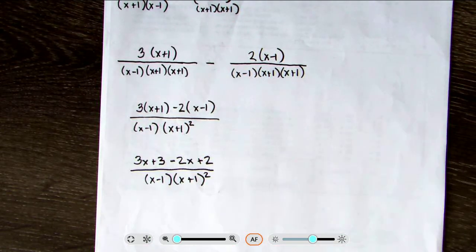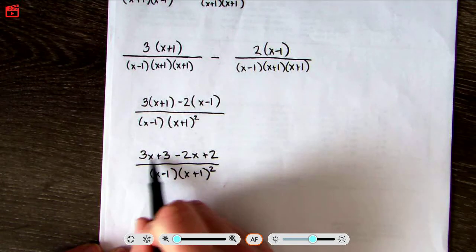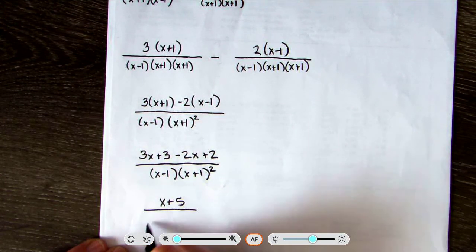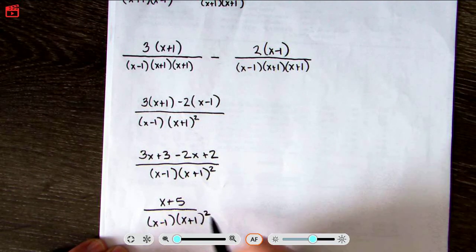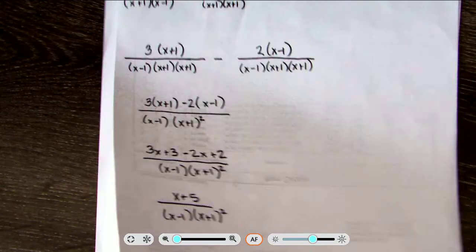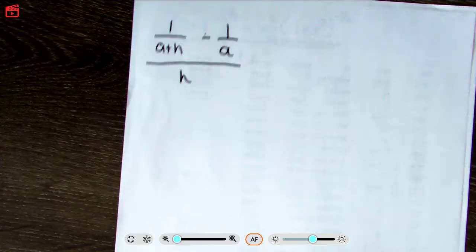It's like taking 1/4 and rewriting it as 1. So now combining my like terms, we have x plus 5 over x minus 1, x plus 1 squared. There you go.